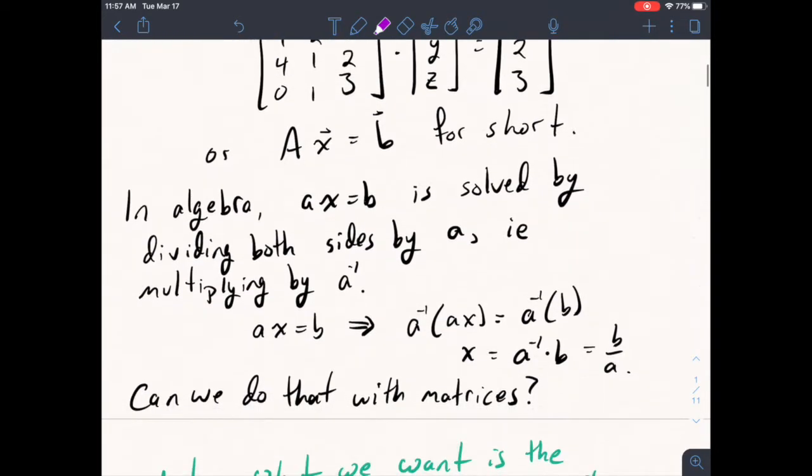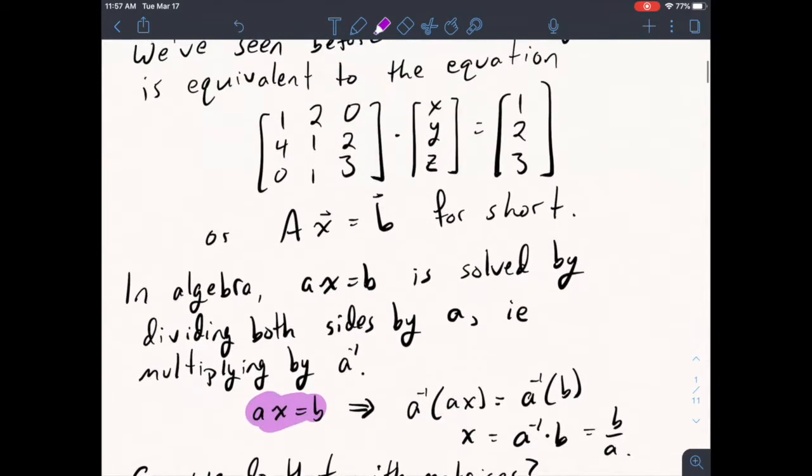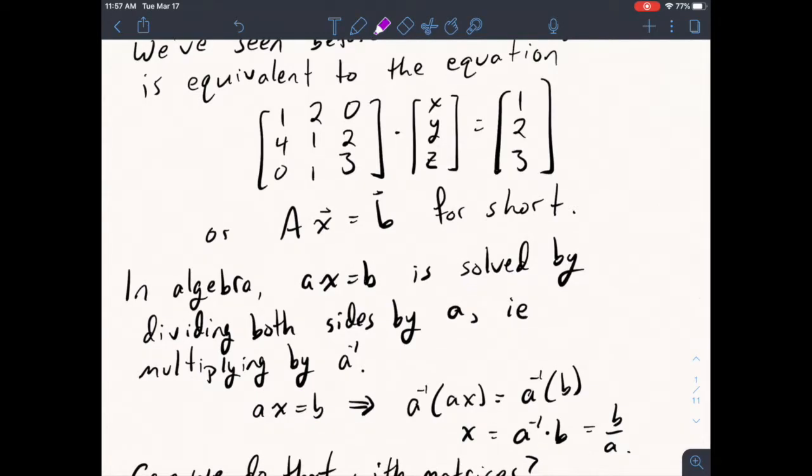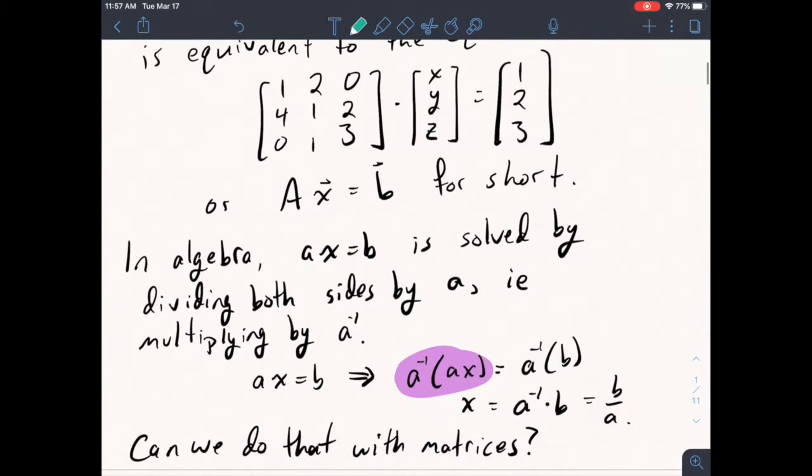So anyway, as I have ax is equal to b, and I multiply both sides on the left by a inverse, then on the left here, I could use the associative property first, and then combine the a inverse with the a, and those go away, and I'm left with just x on the left side.